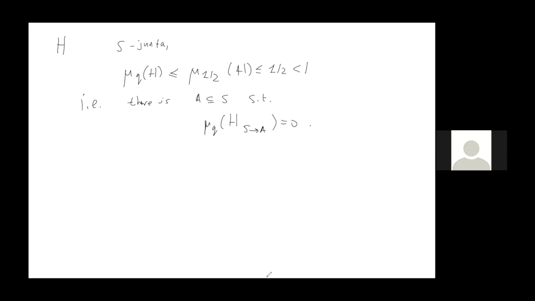So again, using monotonicity, when you look at p naught, which is smaller than q, you also get measure 0. Now this is already a contradiction to the pseudo-randomness.